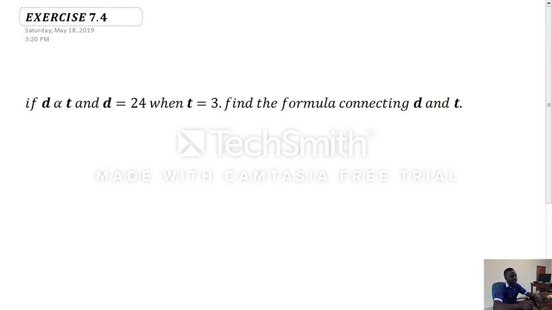The next question says if d varies directly as t and d is equal to 24 when t is equal to 3, we should find the formula connecting d and t. Asking us to find the formula connecting d and t is still equal to saying find the relationship between d and t, which we have been solving in our previous examples.